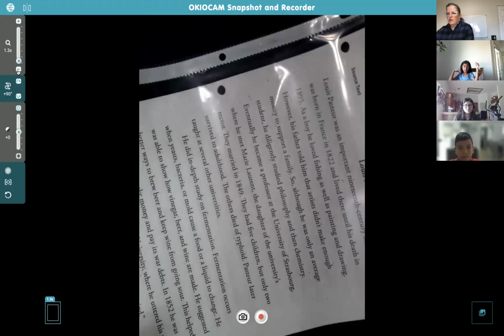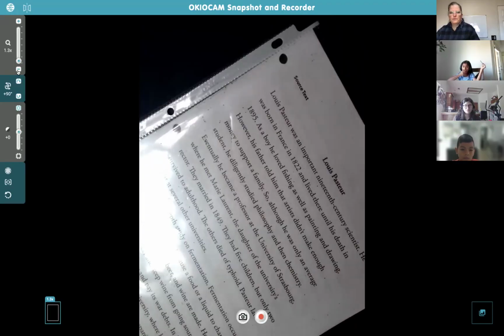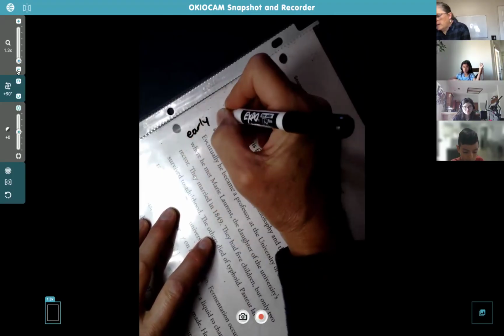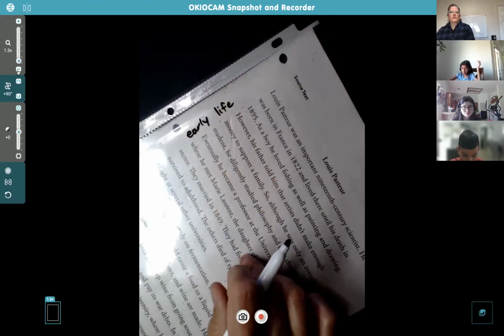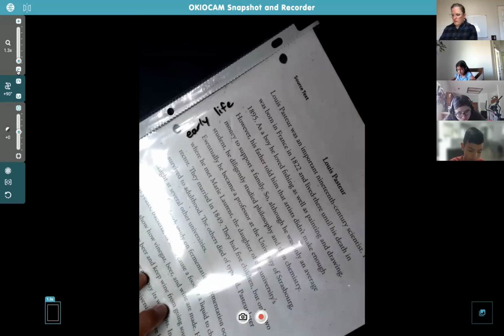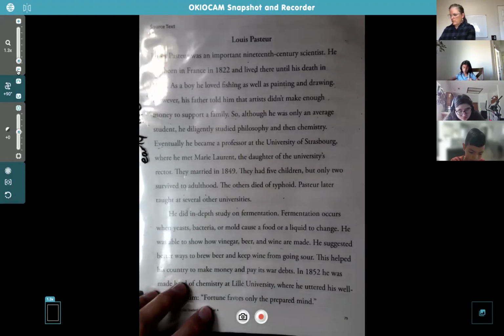Go ahead and turn your paper to the side where the holes are, and let's call this paragraph early life, because we're talking about Louis Pasteur and his early life: where he was born, what he liked to do as a kid, growing up a little bit, and then eventually he got married. Okay, I'm going to keep going. We're going to find out more about this guy and why he's so important.